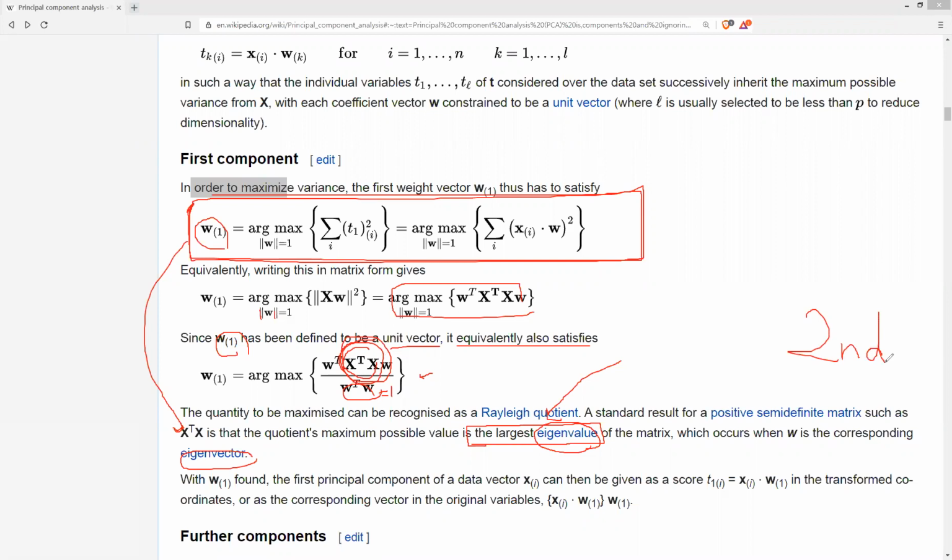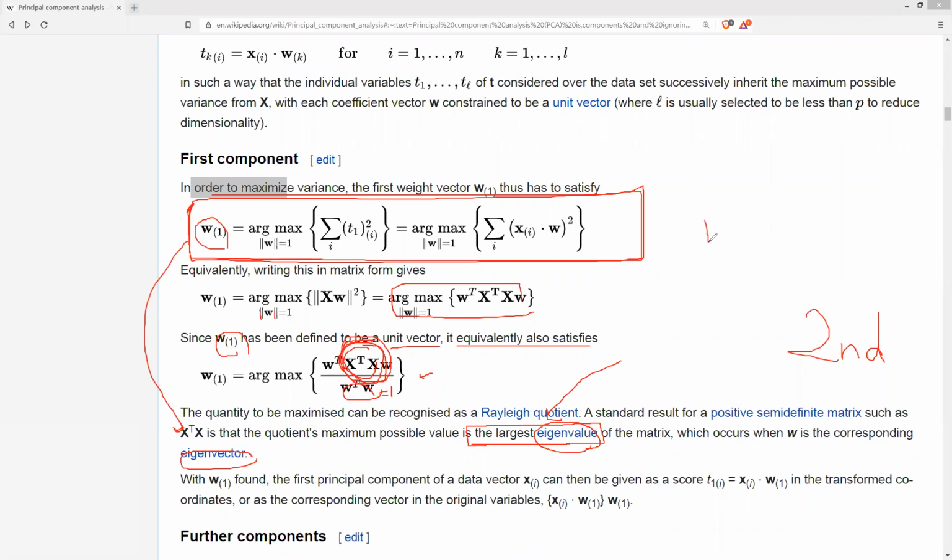The second principal component is exactly the same. It is equivalent to finding the second largest eigenvalue of this matrix, and the weight is the eigenvector that corresponds to the second largest eigenvalue.